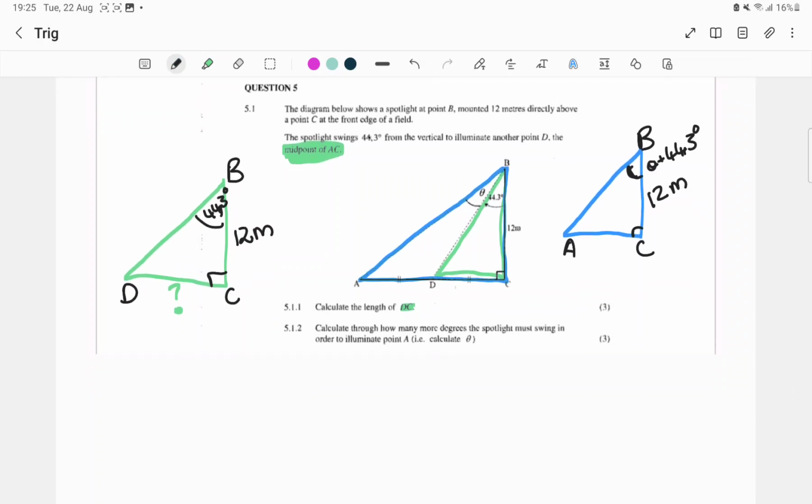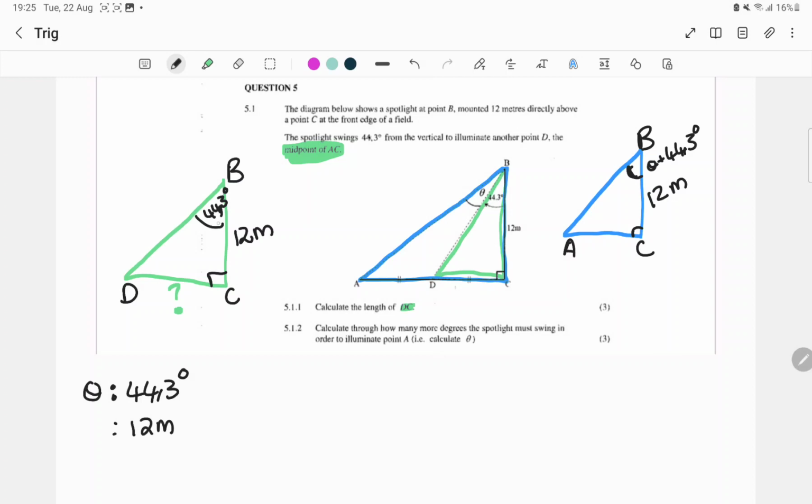Now remember, with these things, if you have to calculate a side, you're always going to be given one side and an angle, or you're going to be given two sides, and then you can work out the third side using Pythagoras. So let's see what we have here. They gave us our angle as 44.3 degrees. Then they also gave me line BC, which is 12 meters.